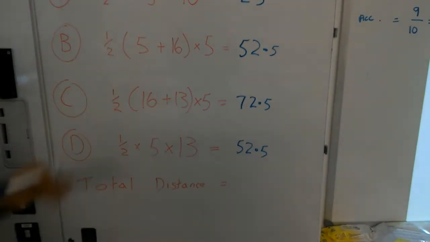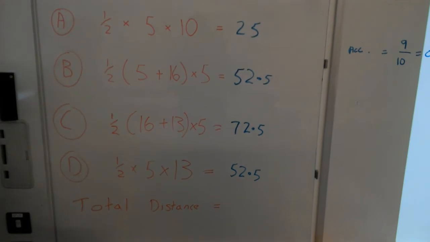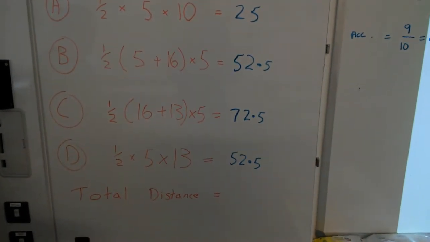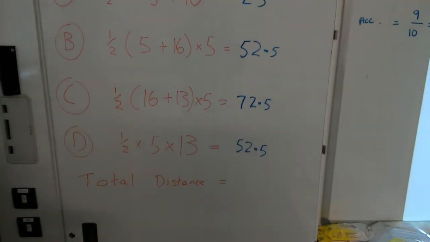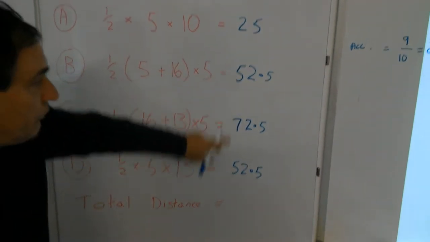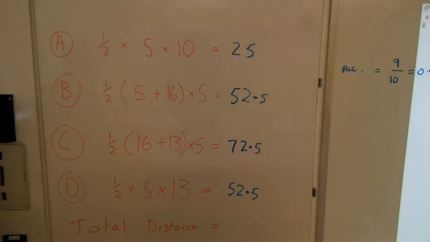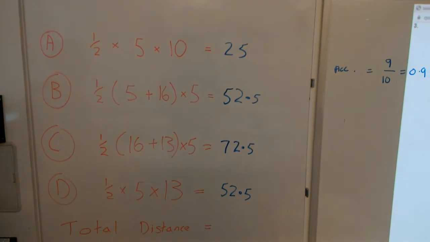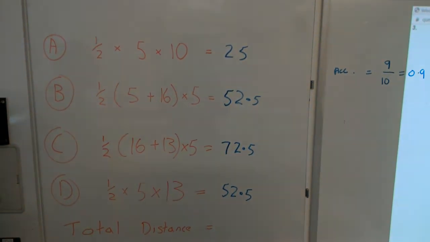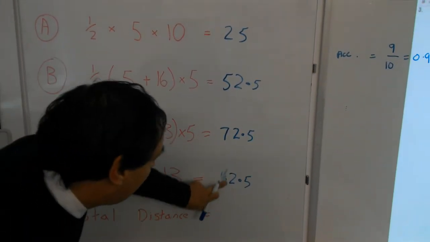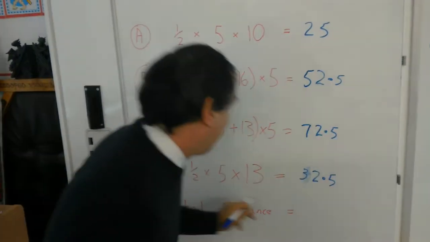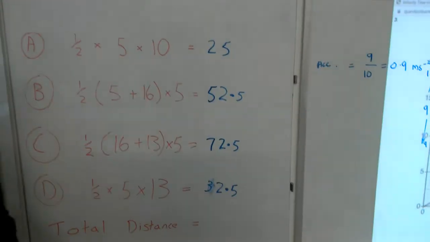To find out the total distance travelled, I've got to find out the total area of these strips here. So I've got 2 lots of 52.5. No, I haven't. I've spotted a deliberate mistake. That now becomes 32.5, because half of 65 is 32.5.